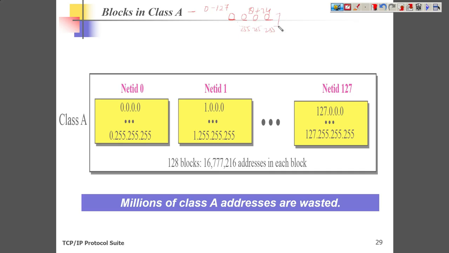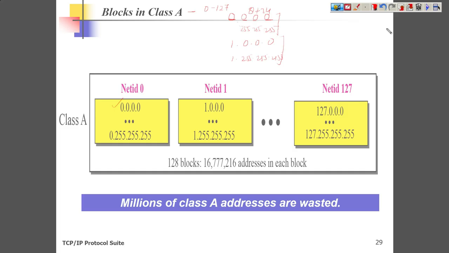So this is your first block in class A. Then the second block is 1.0.0.0 and then 1.255.255.255. This becomes your second block. Likewise, you can go to the last block, which is 127.0.0.0 and 127.255.255.255. So you can easily find out how these blocks have been represented.